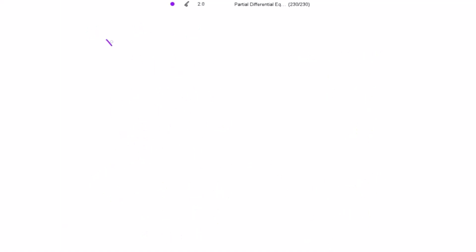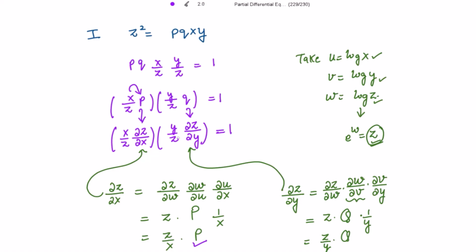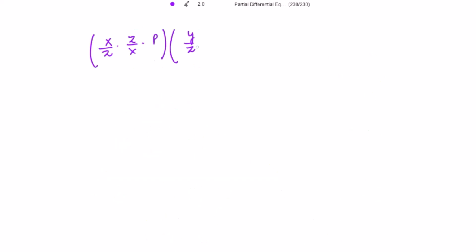So we get x divided by z into z by x into P, then multiplied with y by z into del z by del y, which is z by y into Q. So this is equal to 1, where we have taken capital P to be equal to del w by del u and capital Q to be equal to del w by del v.